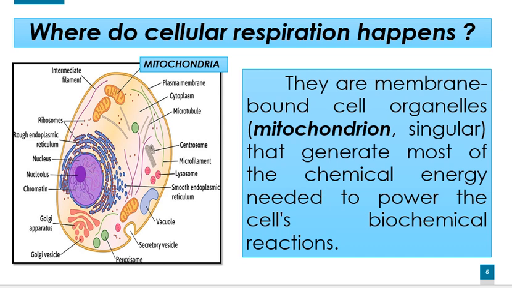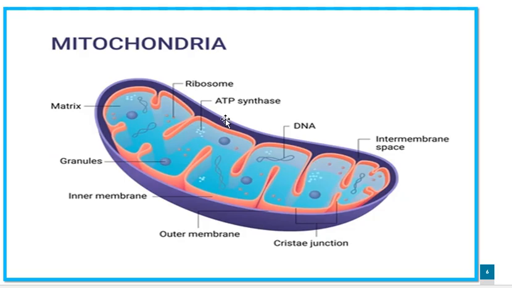So let's go to the parts of the mitochondria. Let's explore what's inside the mitochondria. We have here a cross section. If you look inside a mitochondrion, here are the parts. It has a matrix. The matrix is the space here, and there are granules inside.